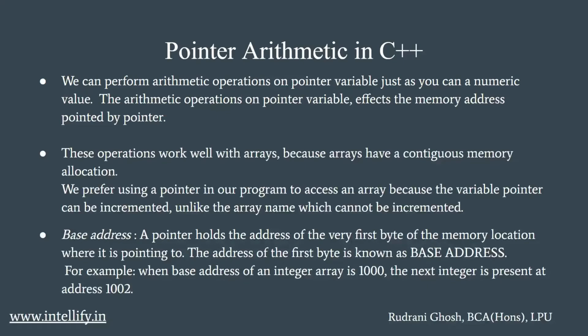That is the reason the next integer is at 1002. Similarly, अगर हमारा ये character array होता जिसका base value 1000 है, तो next element would be at 1000 plus 1 because the size of a character variable is 1. So the next element would be at 1001.